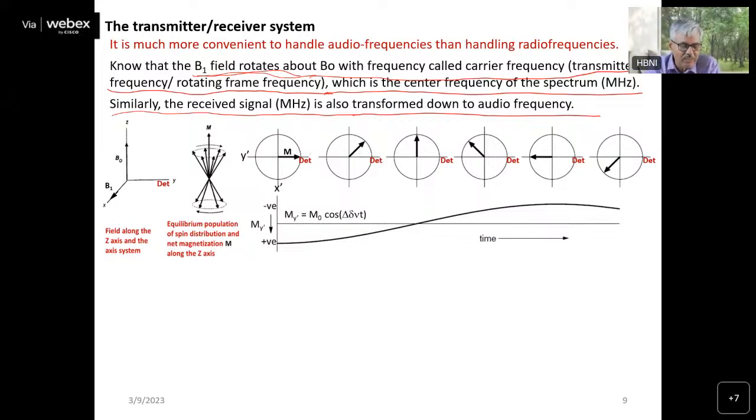Normally, we have said that B1 is applied along the X prime axis in the rotating frame, and you have the net magnetization, and your detector is along the y-axis. Let us say you now give a 90-degree pulse.